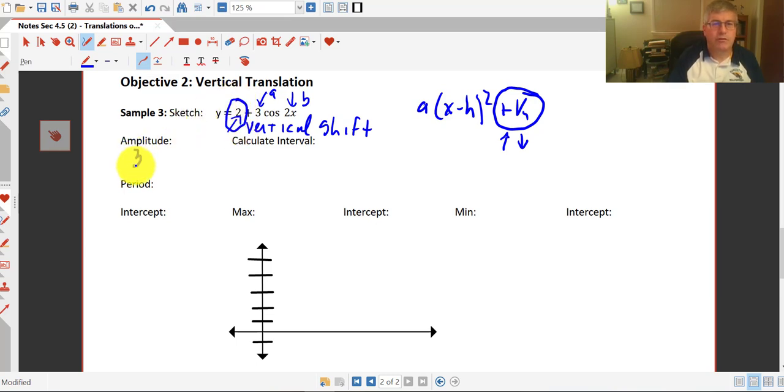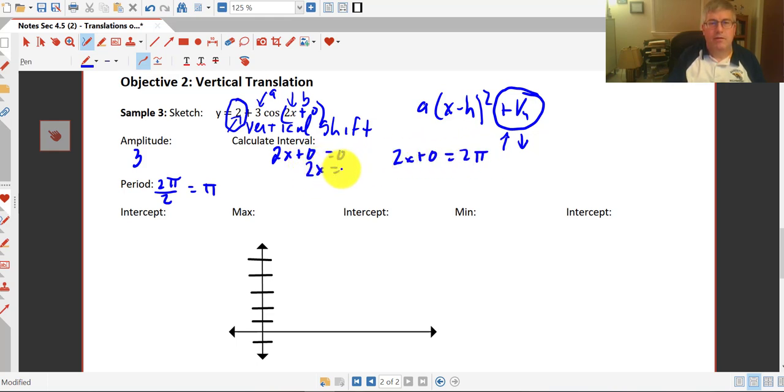So our amplitude here is 3. Our period is 2 pi over b, or 2 pi over 2, which is pi. And now we want to calculate our interval. So it's 2x plus 0, which is really that bx minus c. So 2x plus 0 equals 0, and 2x plus 0 equals 2 pi.